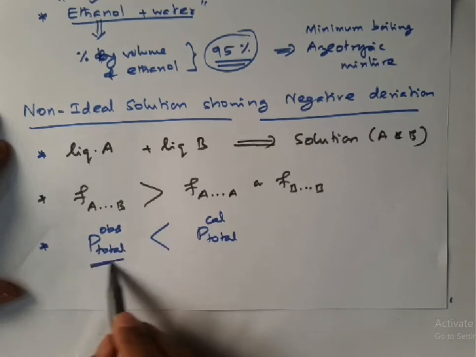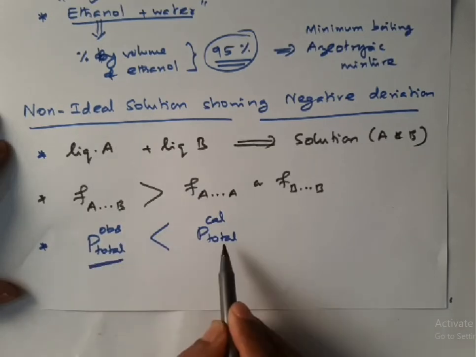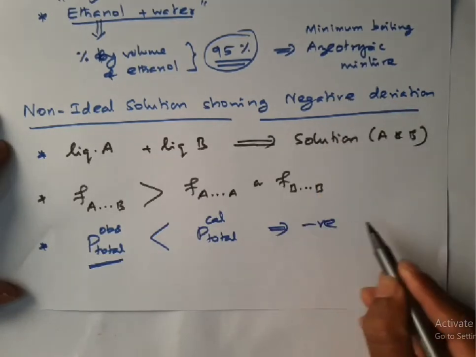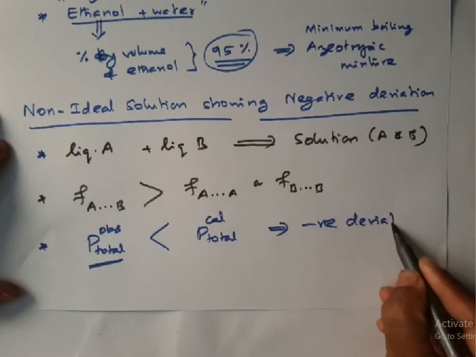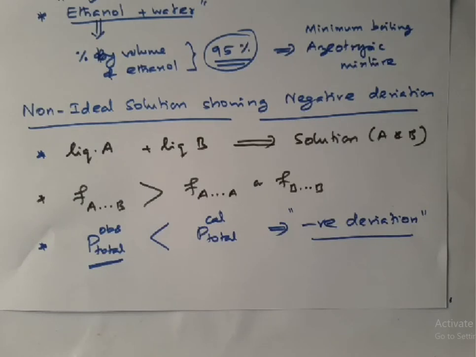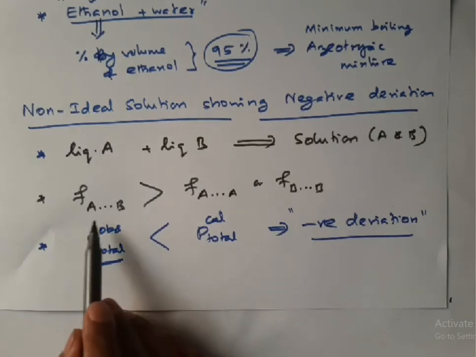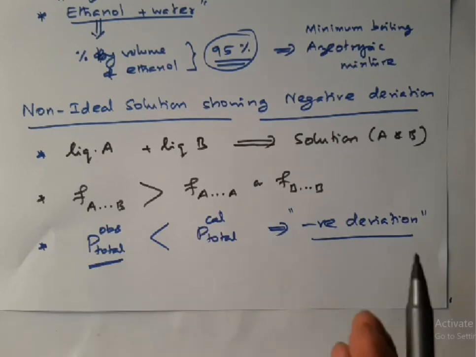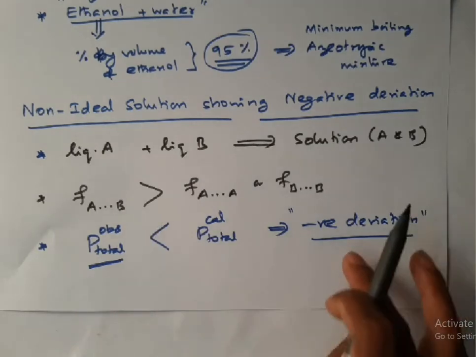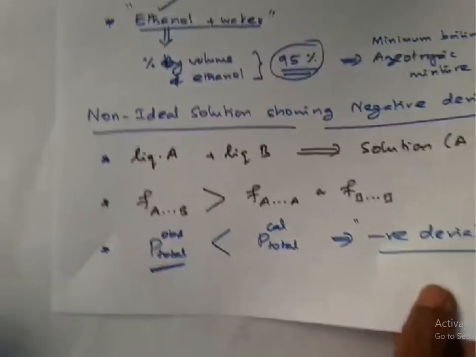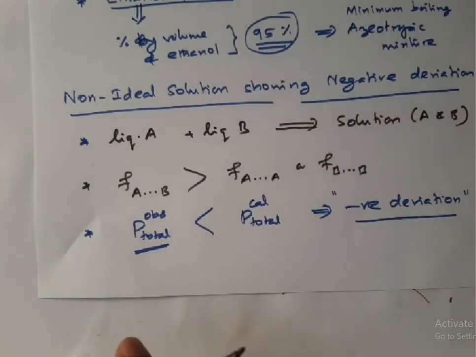If the experimental total pressure is less, you get a solution showing negative deviation. Students, keep this in mind, very, very important: if the force of attraction between A and B is strong compared to AA or BB, then you will get negative deviation. So for negative deviation, let me draw the next page.